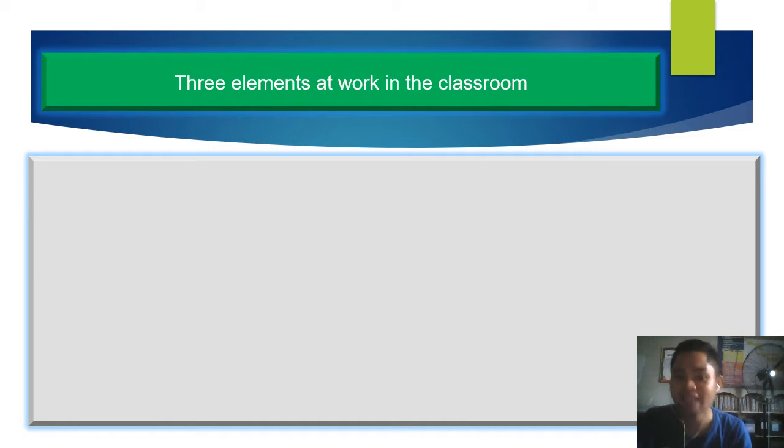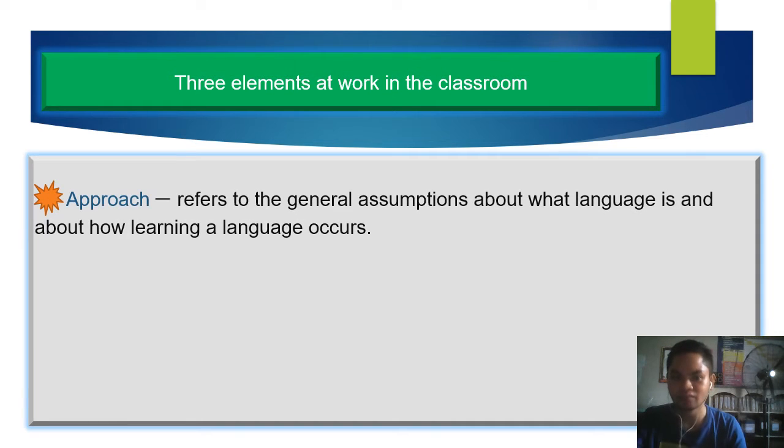Okay, so the three elements at work in the classroom. What are these three elements that a teacher uses in class discussion? First, we have approach. It refers to the general assumptions about what language is and about how learning a language occurs.